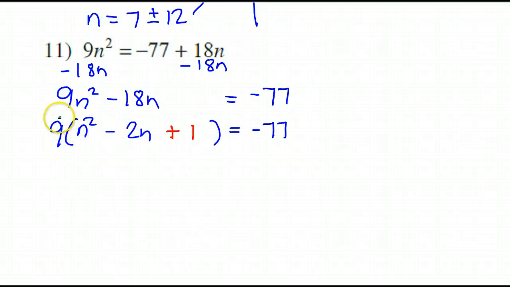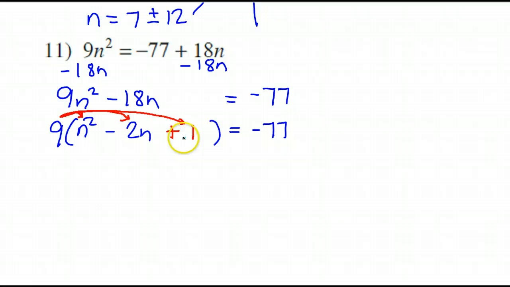This 9 is all ready to do the distributive property. Bam, bam, bam. So imagine that I went ahead and did the distributive property, and that will tell you the value that I really added to the left side. 9 times 1 obviously is 9. So I really added 9 to both sides.